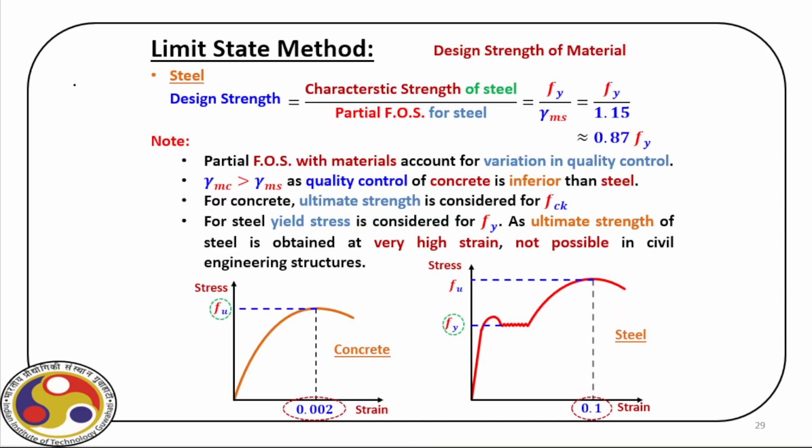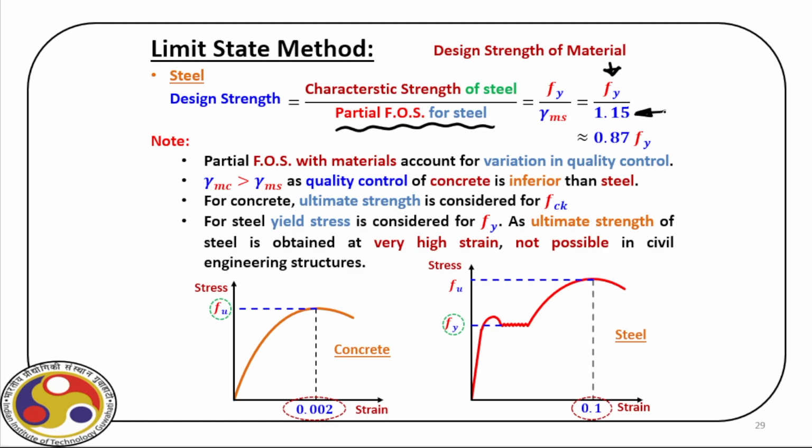Now, if we go for steel, the characteristic strength of steel is Fy. Note here we don't need to reduce that, we use the Fy value, but we still use a partial factor of safety, gamma ms, which is 1.15. For concrete it is 1.5, for steel it is 1.15.